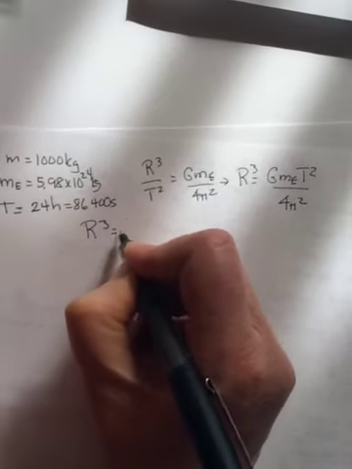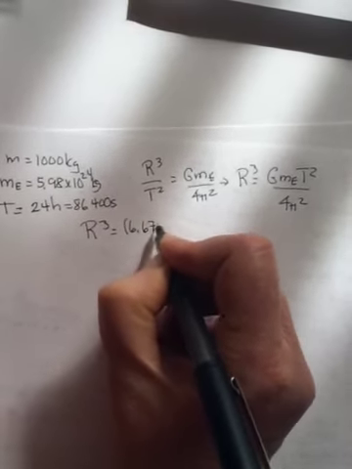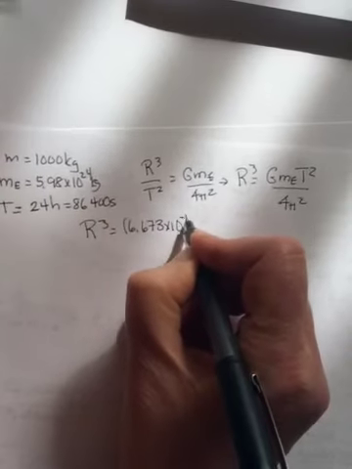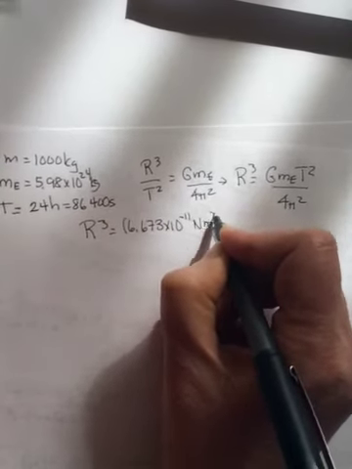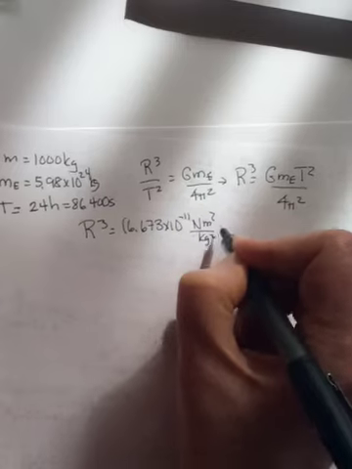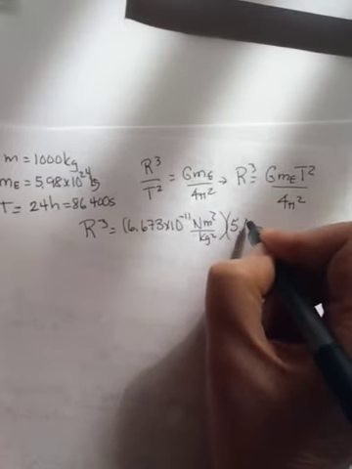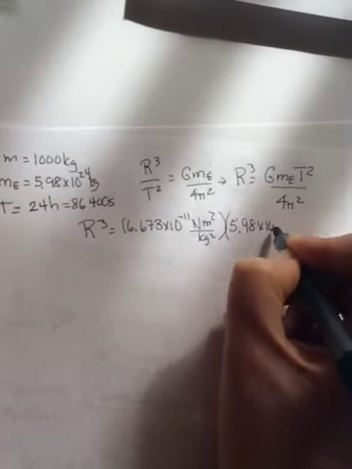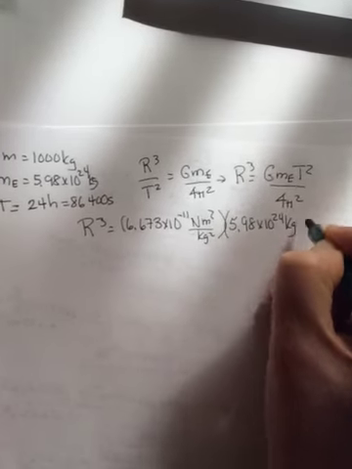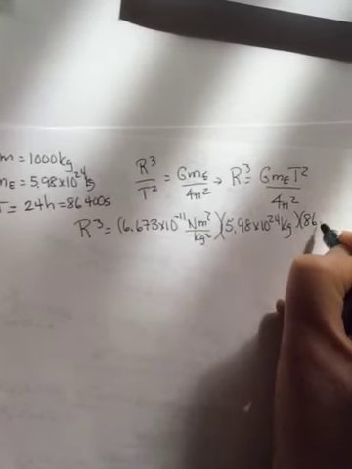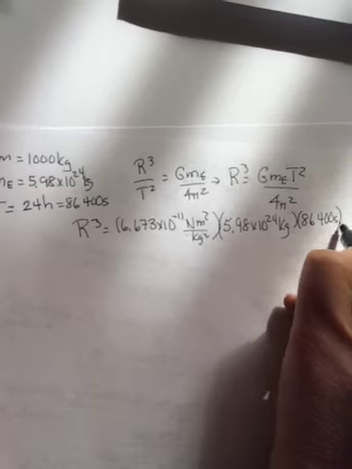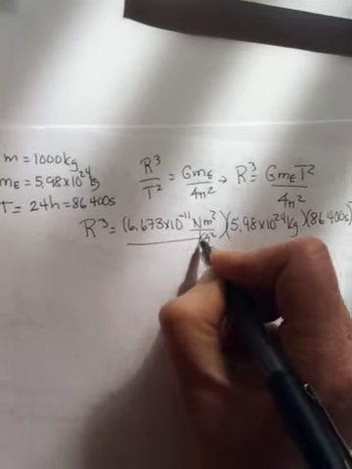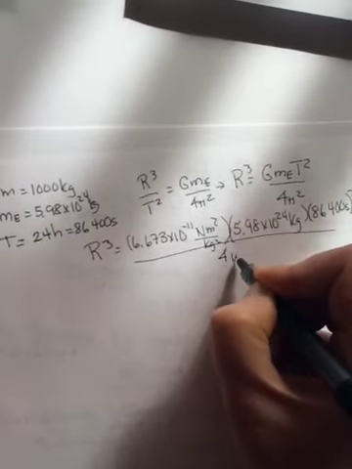So r cubed is equal to 6.673 times 10 to the negative 11 newton meters squared per kilogram squared, mass of the Earth 5.98 times 10 to the 24th kilograms, the period 86,400 seconds squared, over 4 pi squared.